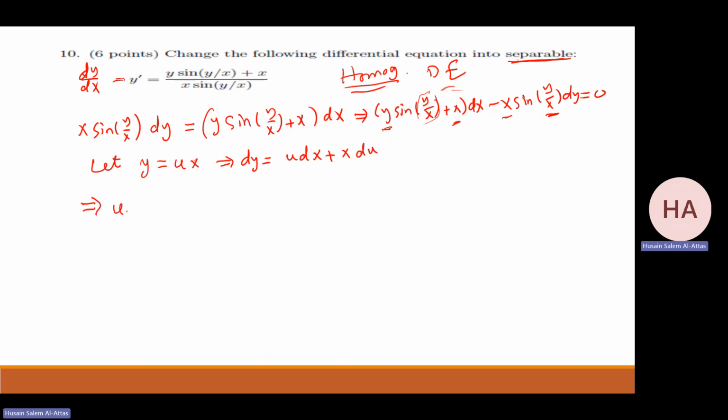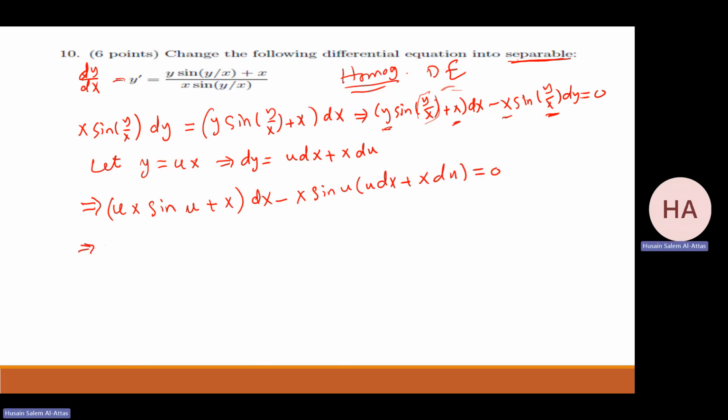I have ux sine y over x, which is sine u, plus x multiplied by dx, minus x sine u multiplied by dy, which is the usual procedure.